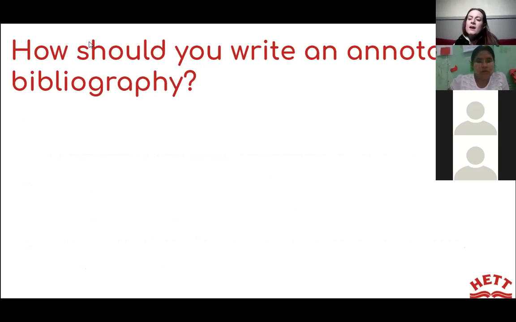Okay, so does anyone know the general structure of an annotated bibliography? There are different ways, but what should be included? Is it only a summary? What else is part of it? I've used some of the words that are part of it.